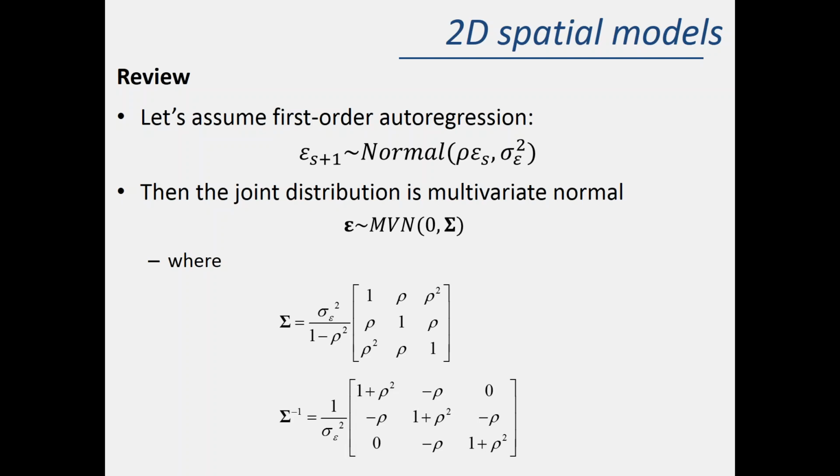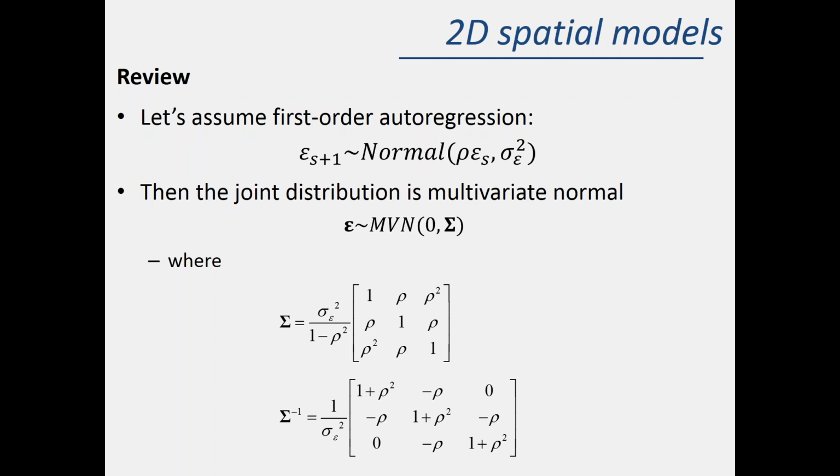And the final recap is that we also know the inverse covariance matrix, or the precision matrix, is sparse, where it has a partial correlation matrix that indicates everything is 0 except for the adjacent locations.